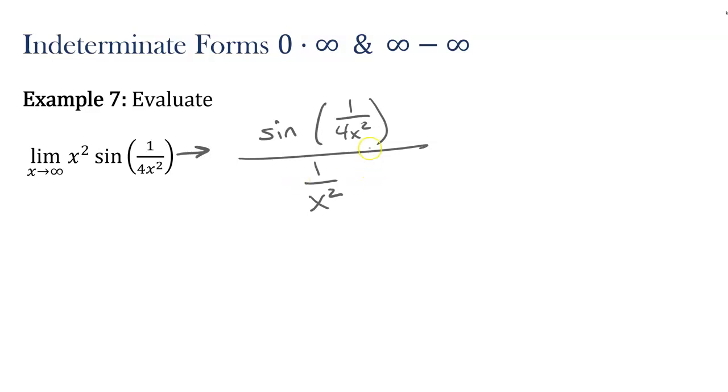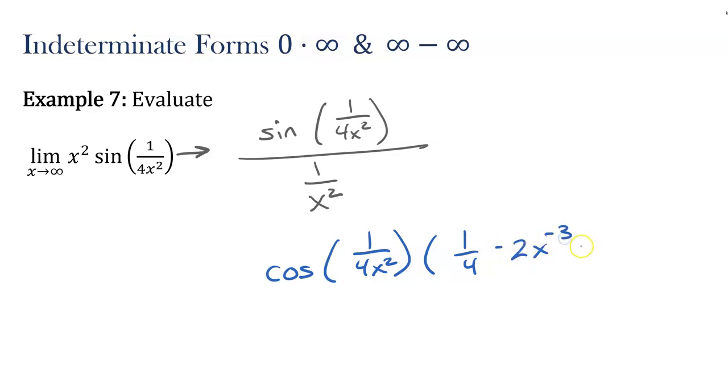So that'll give me the chain rule for my derivatives. Oh boy. Okay, let's see here. So chain rule of my top: the derivative of sine is cosine times the derivative of the inside, which would be 1/4 x to the, nope, that's not right. 1/4 negative. There we go, that's better.